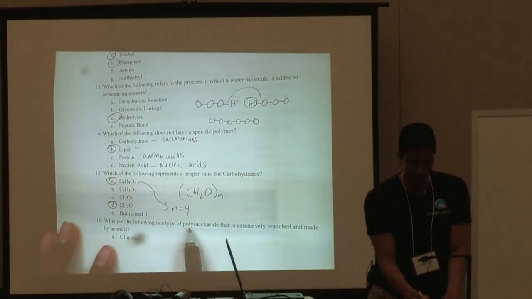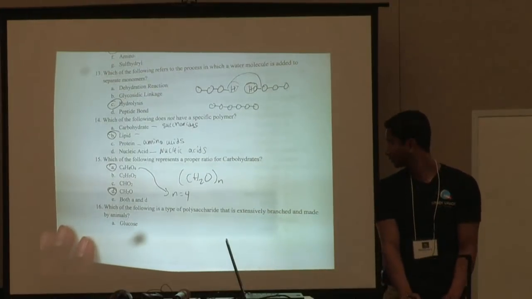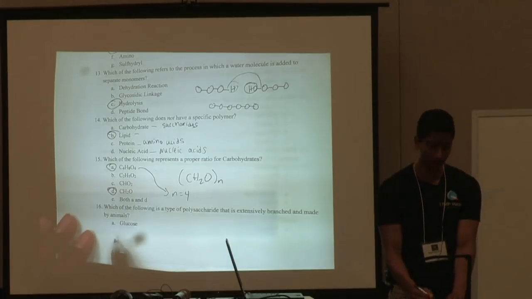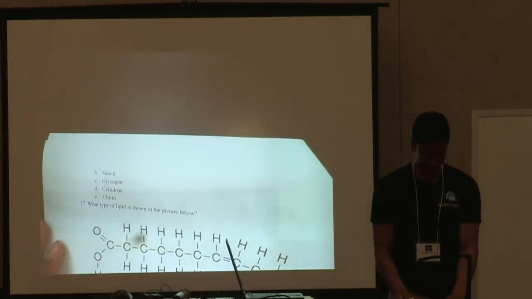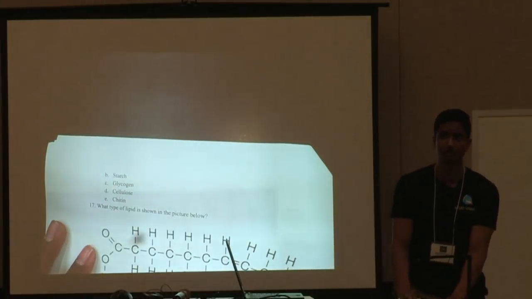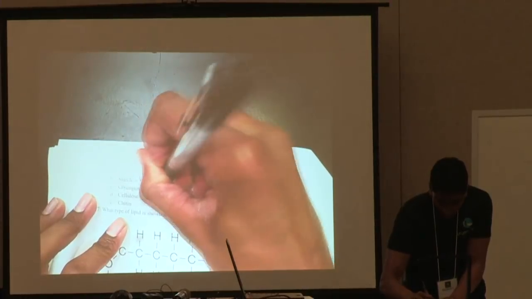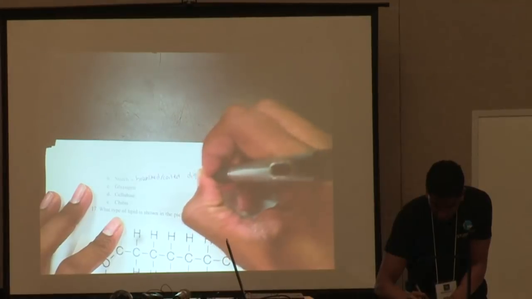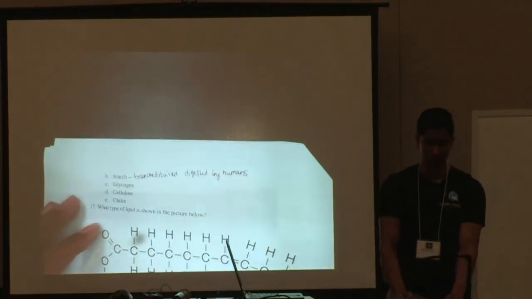Which of the following is a type of polysaccharide that is extensively branched and made by animals? Is it glucose? No. What about starch? It's not starch, but starch is branched and coiled. It's also digested by humans. Is it glycogen?